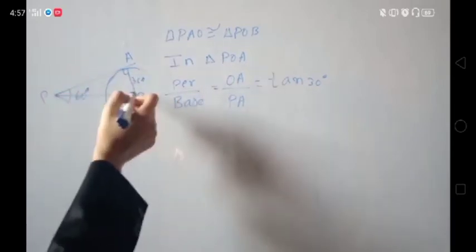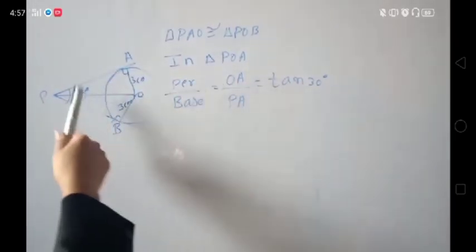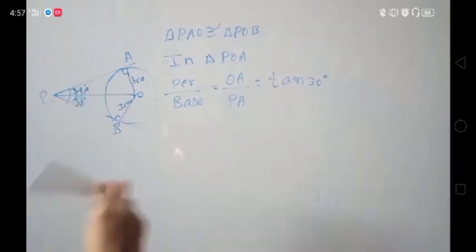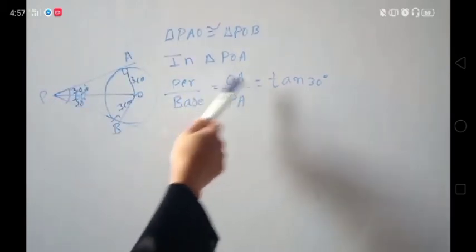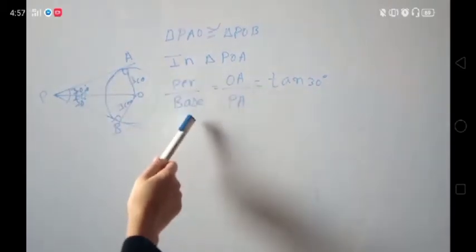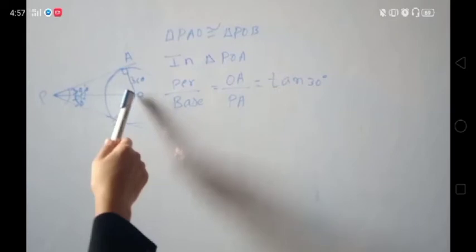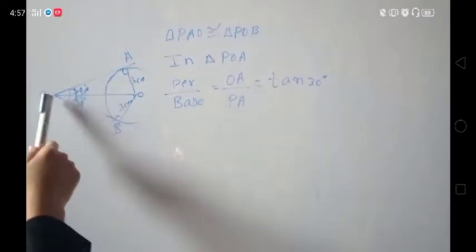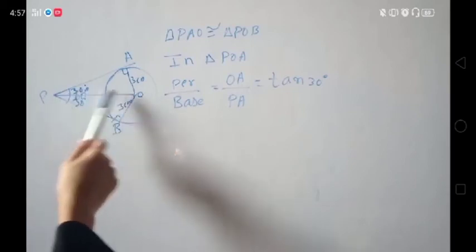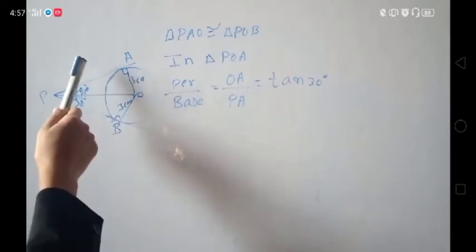In triangle POA, the angle is inclined at 60 degrees, and we divide it into half: 30 degrees and 30 degrees, so we take tan 30 degrees. Tan 30 degrees is the ratio of perpendicular by base. Here the perpendicular is OA, the base is PA, and the hypotenuse is OP.